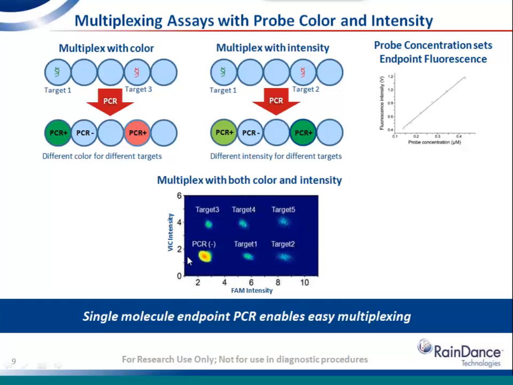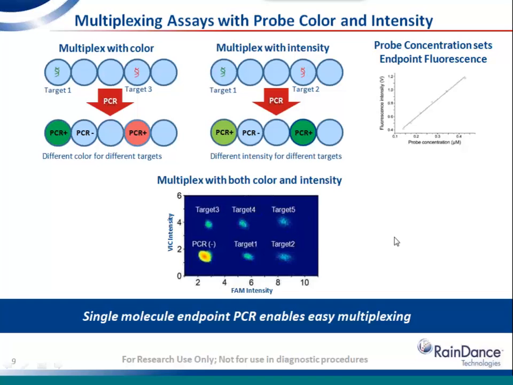So you have, in this scatter plot shown here, fluorescence intensity for the Vic and fluorescence intensity for the FAM probes. And you can see a cluster for target 1 and target number 3, the duplex assay.